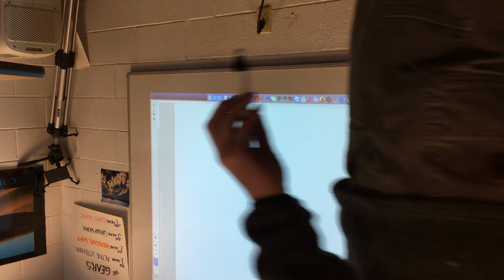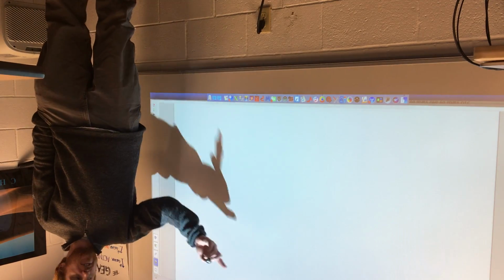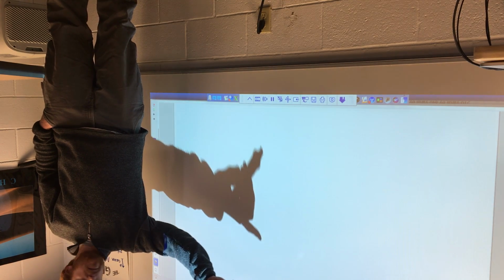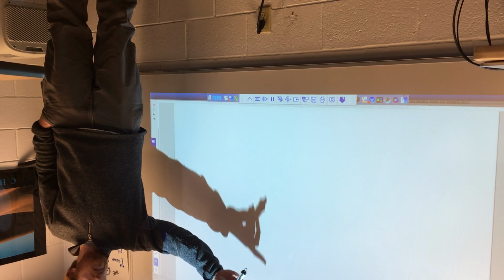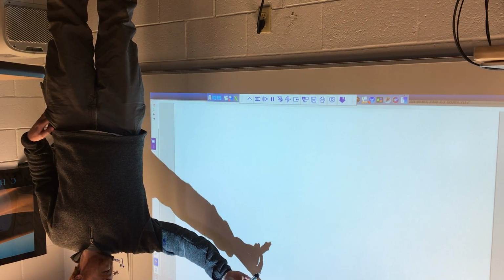Alright, so this is 51. 51 is asking us to find the vector with a given magnitude in the direction of u. We want to find a vector that is in the same direction as this, but that length. Right now, the length of this vector is the square root of 29, because 2 squared plus 5 squared.